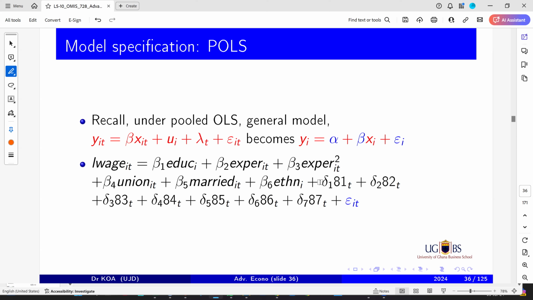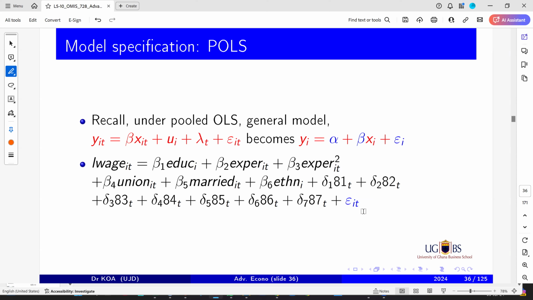And then all the time dummies are here. They have all been added here. In this case, I want to see whether wage is changing over time. That's why you have the time dummies there. And then you have the error term.